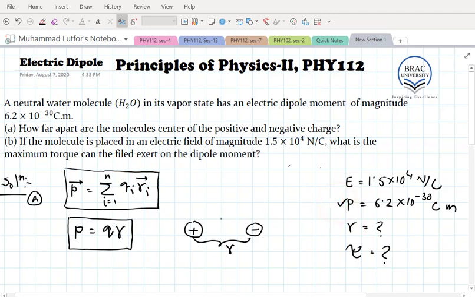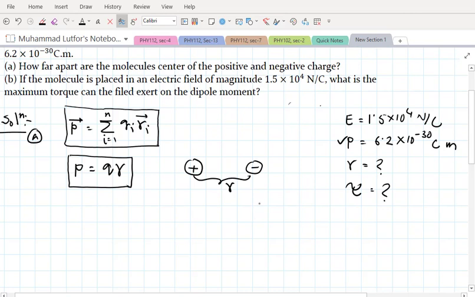Then what would be the q for this water molecule? To find q, we have to consider this water molecule, which is H2O. What would be the total charge over there?